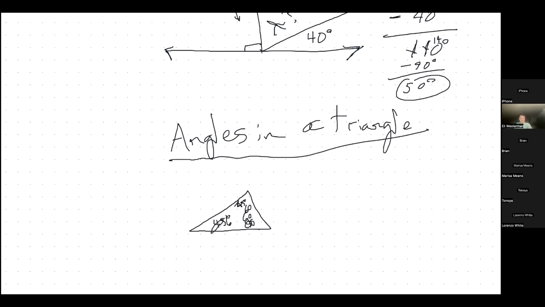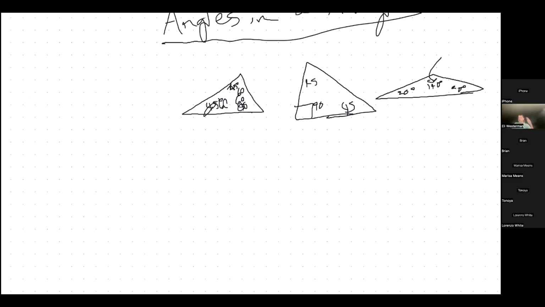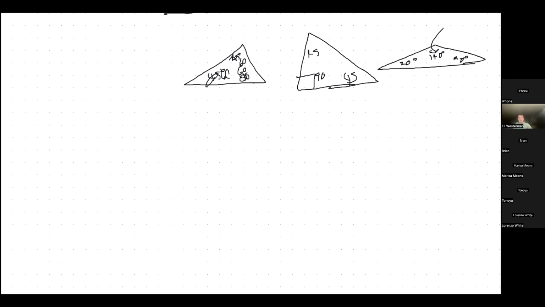We could have a right triangle, which would be 90, 45, 45. Or a triangle like this, with 20 degrees, 20 degrees, and then this angle is 140 degrees. I'm just making these numbers up. So for a triangle, the angles are always going to add up to 180 degrees, no matter what.